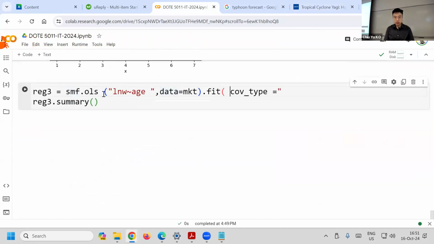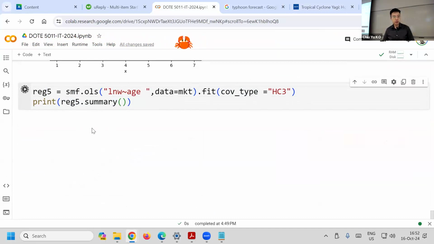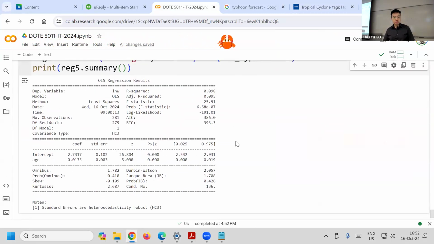And I want to print the summary. Maybe I have version 4 because I think I used up the 3. Maybe I should flip to 5 because I think I used 3 before. So this is the regression result.